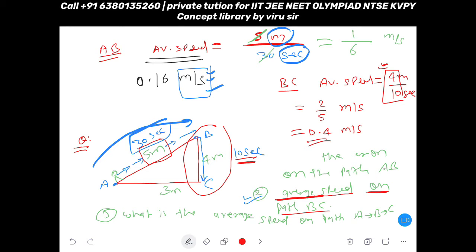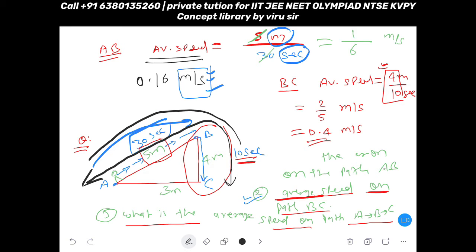Now you see what is the average speed on the path A to B to C. When you are traveling complete A to B to C, it means you have to add the complete distance from A to B to C. That is nothing but 5 plus 4, and the total time taken is 30 plus 10. So how will you tackle this third question?